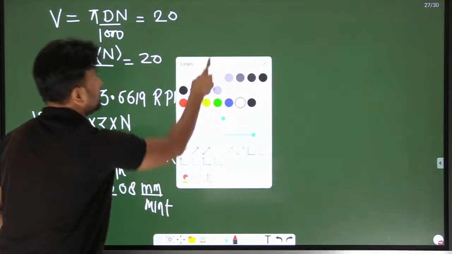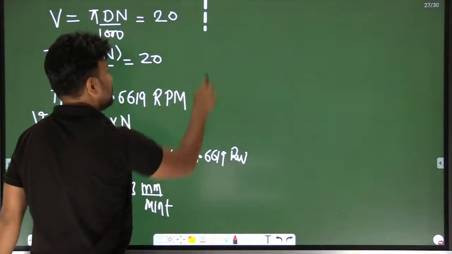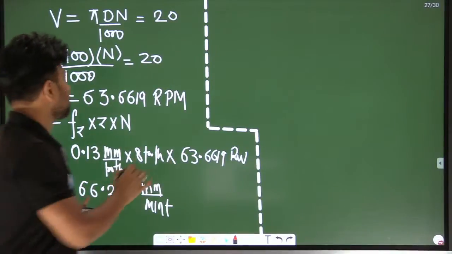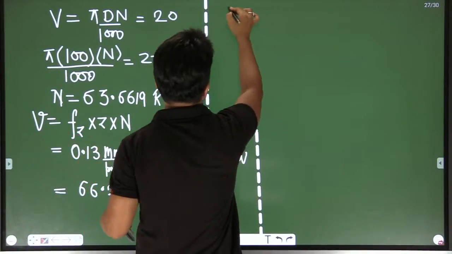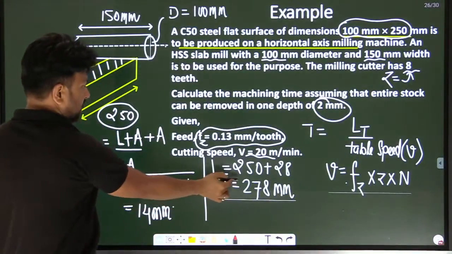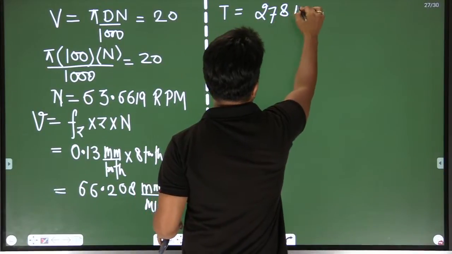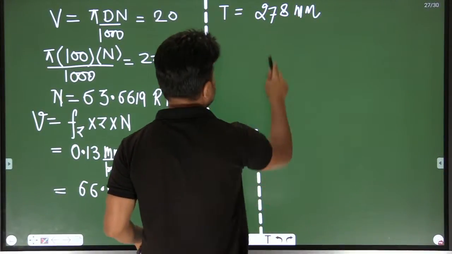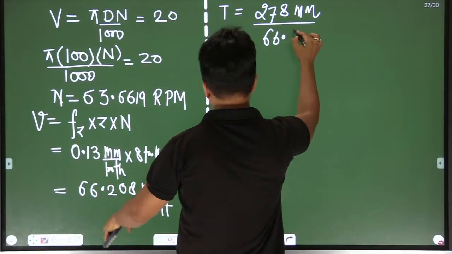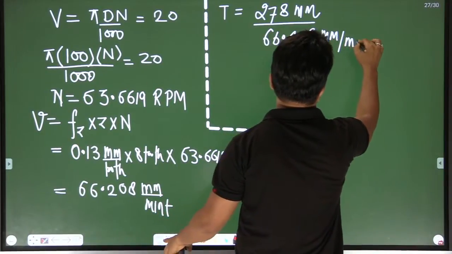Am I clear? Yes or no? So this is the cutting velocity and table velocity. Now, the machining time is what? The machining time is the total length 278 mm divided by 66.208 mm per minute.